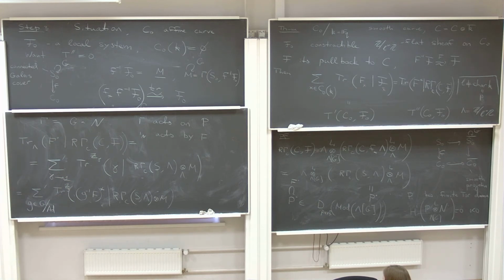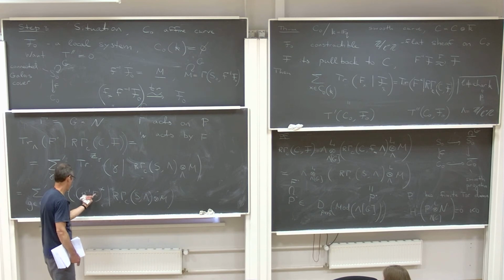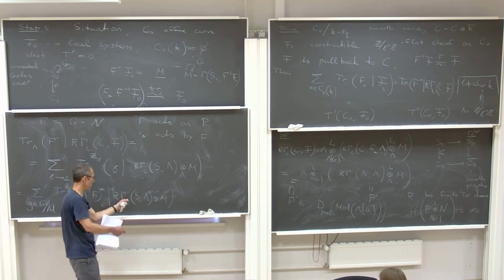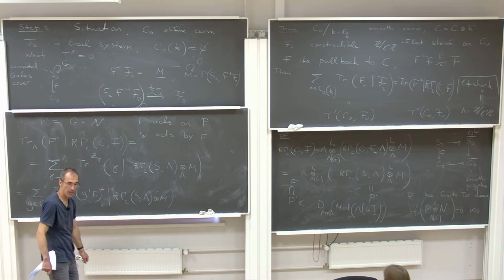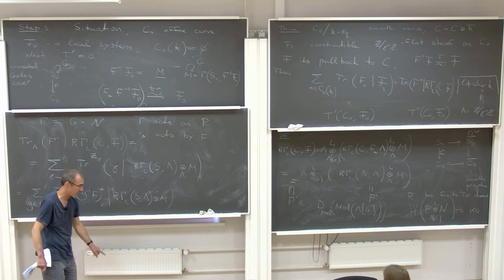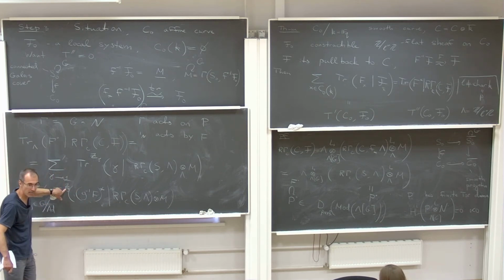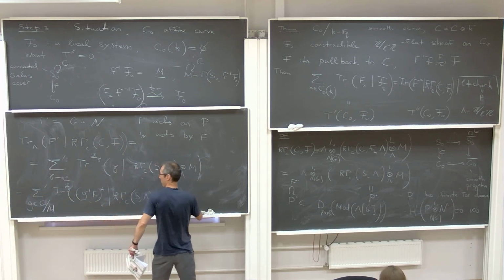So now I take the trace of an endomorphism on a tensor product of two representations, right? The trace of the tensor product is equal to the product of traces, and we had this refined formula. So I can rewrite this.